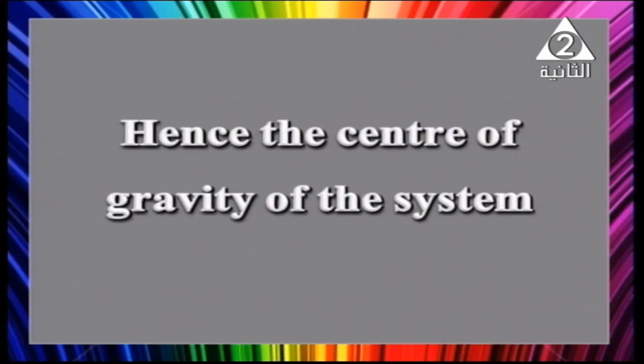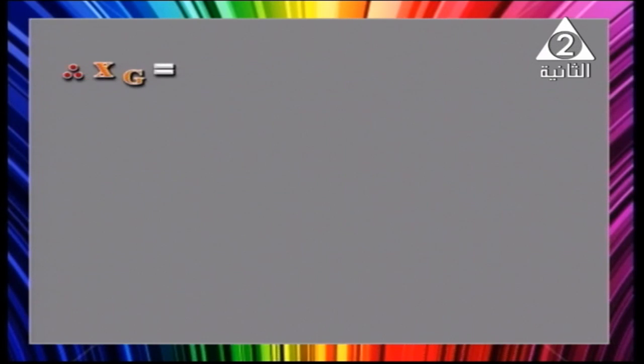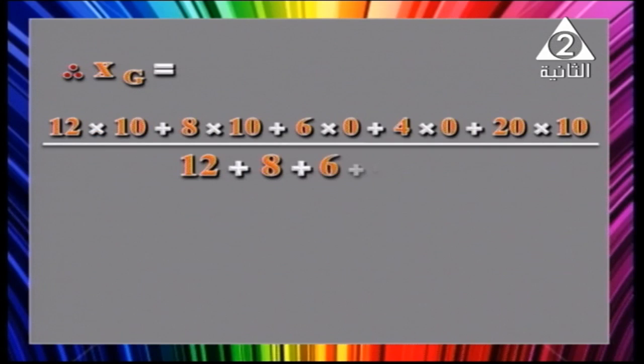Then, my dear student, the center of gravity of the system xg by using the rule m1 times x1: 12 times 10 plus 8 times 10 plus 6 times 0 plus 4 times 0 plus 20 times 10 over 12 plus 8 plus 6 plus 4 plus 20.